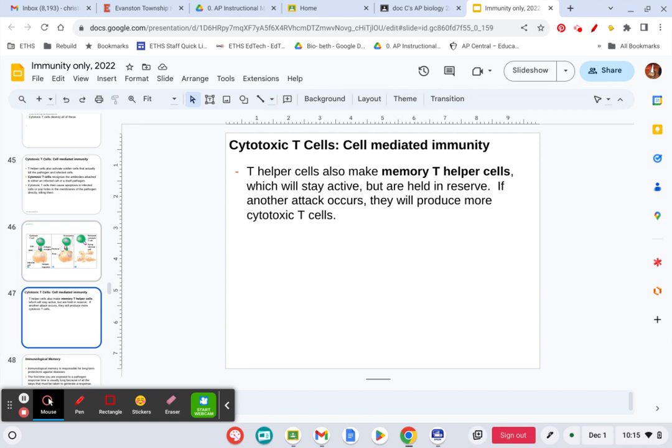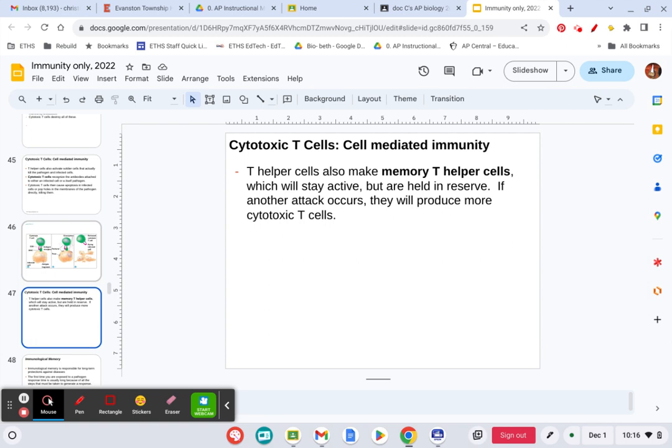Cytotoxic T cells aren't all the T cells we have, though. In addition to T helper cells, we also have memory T helper cells. They're just like the helper cells, only they're not going out and sounding an alarm.